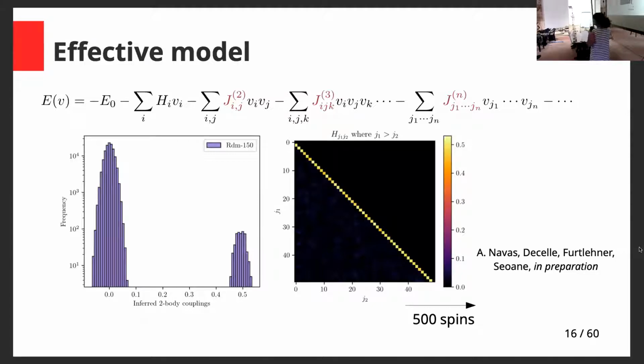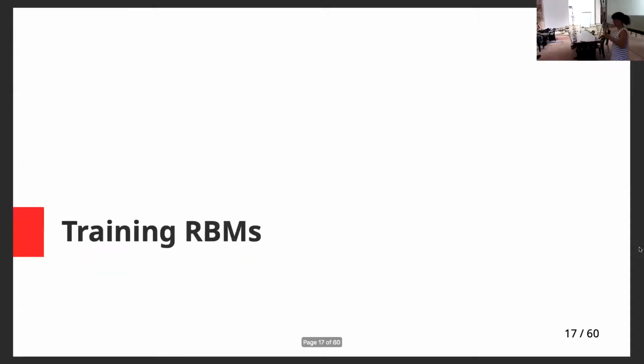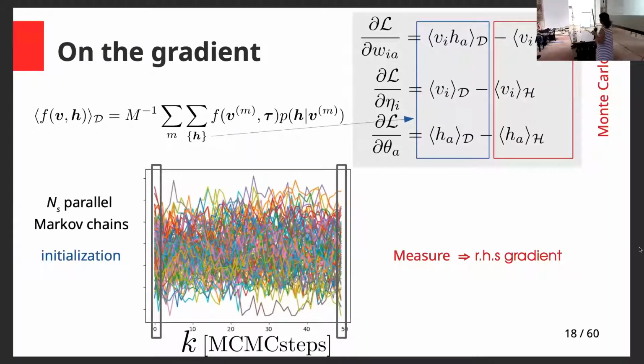Once we have the energy function, of course, you can try to study dynamics, and many other things. Now I come to the problem of training RBMs that I mentioned before, which is fastidious. Controlling the training is hard. The reason comes precisely from the negative part of the gradient that I was presenting before.